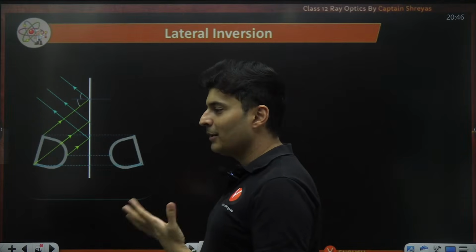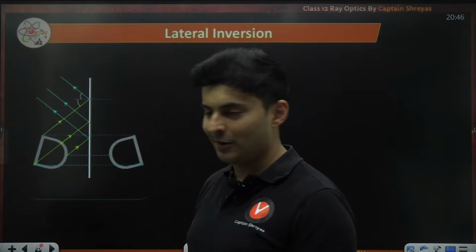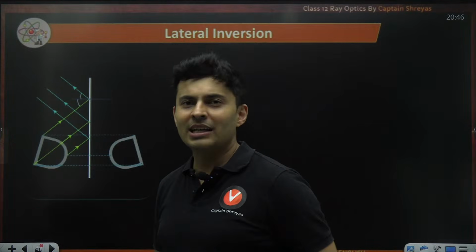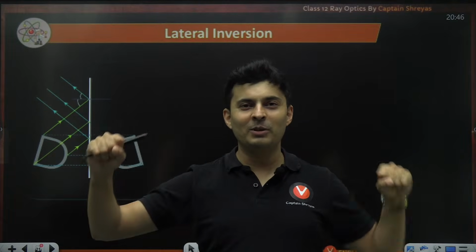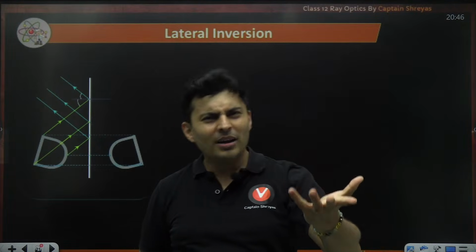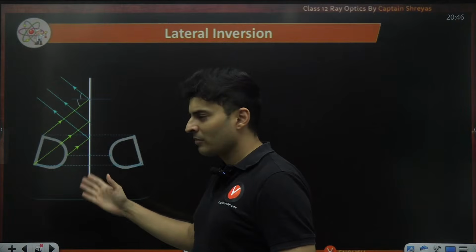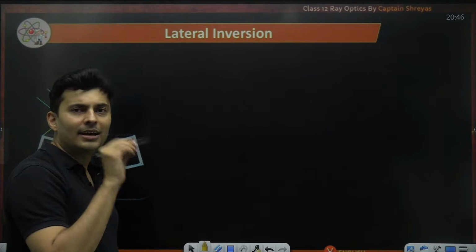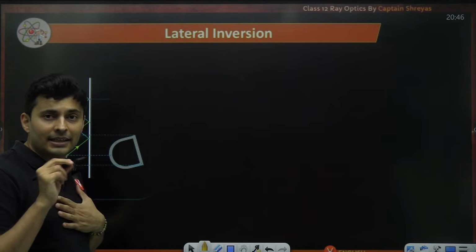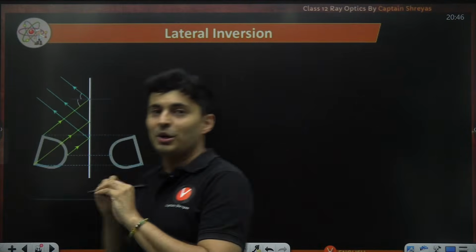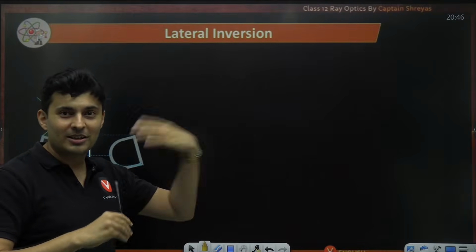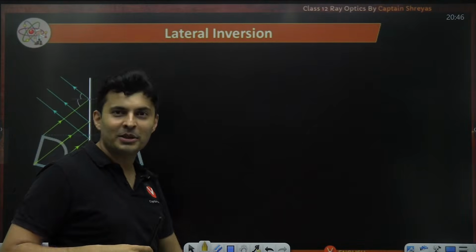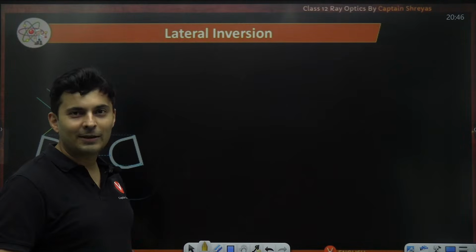This is a very amazing question. Lateral inversion. A lot of people think lateral inversion means, sir, my left will become right, and my right will become left. In a way, you're right. If I was a right-handed person, in reality, my image will be a left-handed person. So just imagine now, two Shreyas. I wish there was some animation maybe in the future which would do it in a live class.